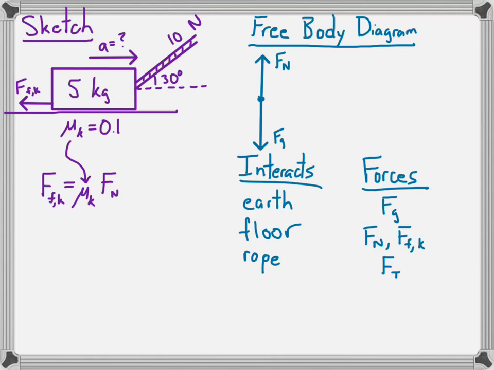Friction force, we've already identified, acts opposite the direction of motion, and I've drawn this moving toward the right, so friction will be moving toward the left. And tension force points along the direction of the rope, so we're going to draw a tension force that is 30 degrees away from horizontal.